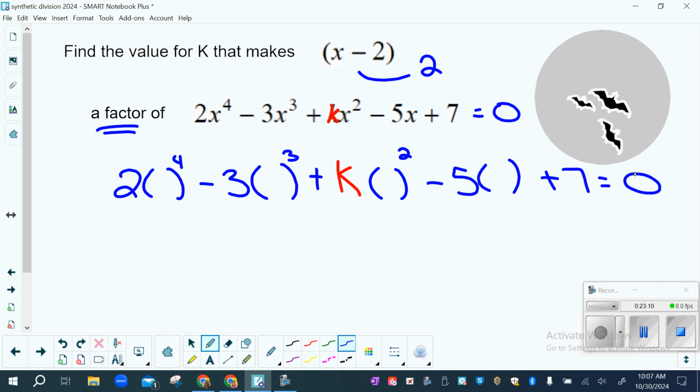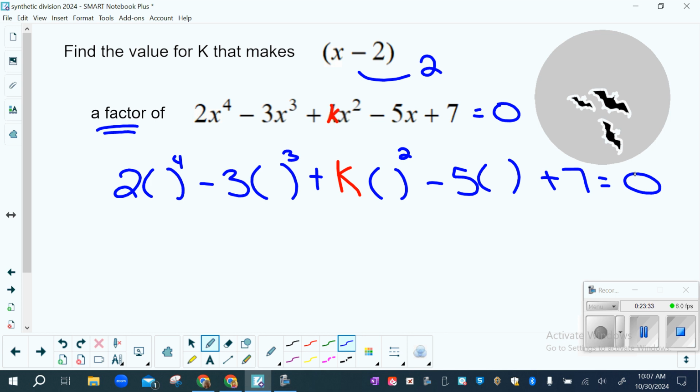Is everyone cool with what I did? I gave myself a space, right? What am I putting in that little space? You got x, so I popped it out. What am I going to put in? 2, because it should work. It should equal 0.